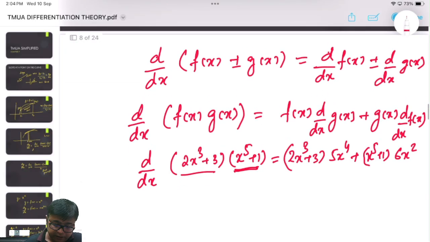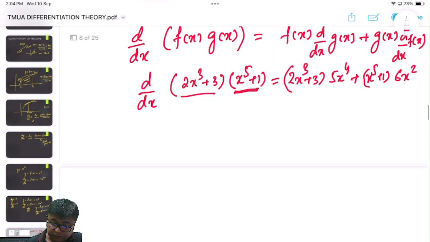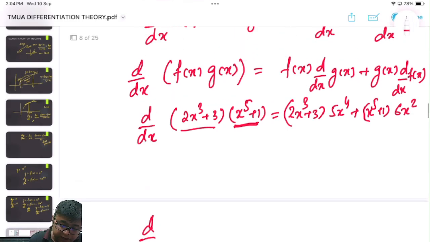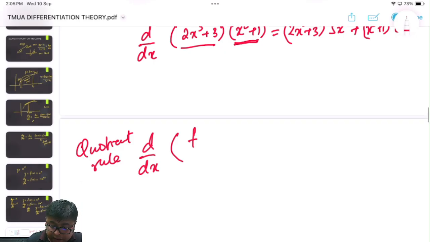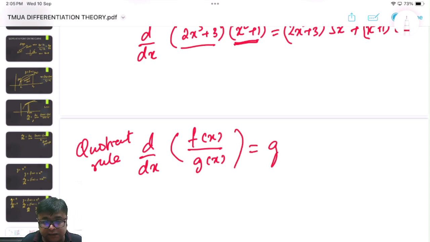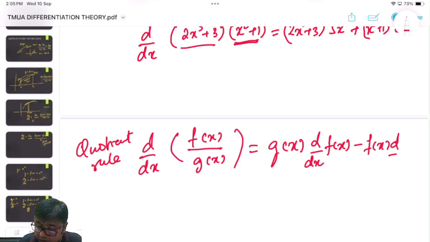Then, we can have the quotient rule. Now, if we use the quotient rule, dy dx of f(x) upon g(x) will be: we keep g(x), the denominator, as it is, and then I will be differentiating f(x), minus, then I'll be keeping the numerator as it is, and I'll be differentiating the denominator.